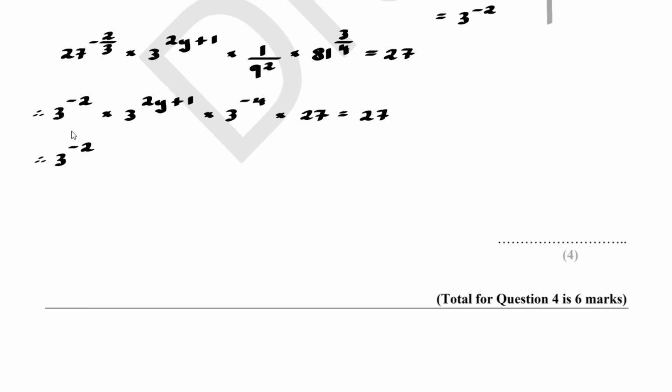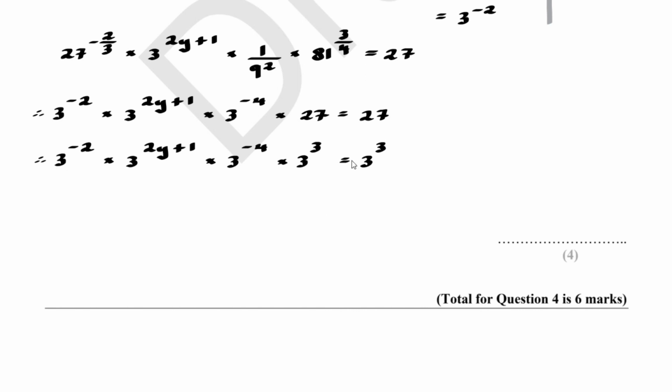So we have 3 to the negative 2 multiplied by 3 to the 2y plus 1 multiplied by 3 to the negative 4 multiplied by 27, which is 3 cubed, and this is equal to 27, which is 3 cubed.